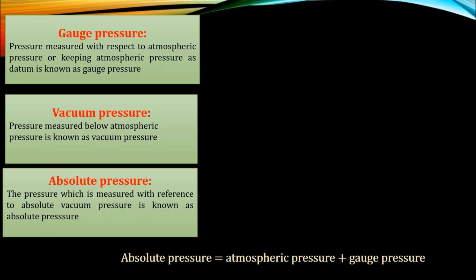So gauge pressure is the pressure measured with respect to atmospheric pressure, or we can say simply, by keeping the atmospheric pressure as datum, when you measure pressure, those pressures are called gauge pressure. So here the datum or the reference point is atmospheric pressure. So in gauge pressure, atmospheric pressure will be treated as 0.